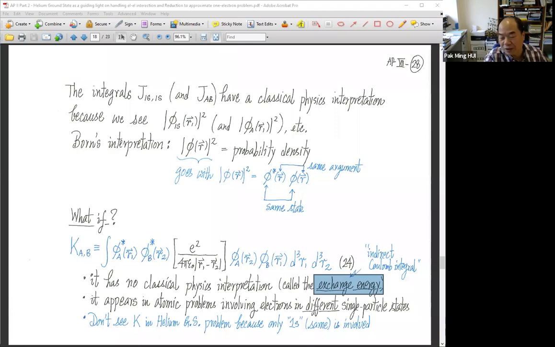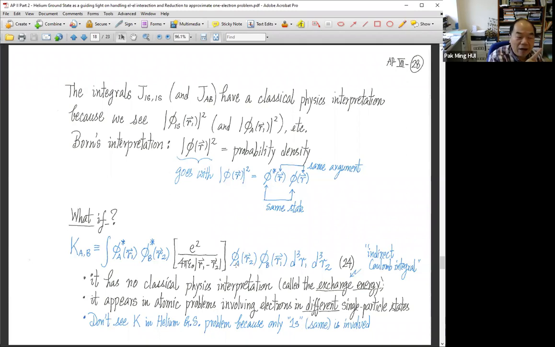After another person, okay? So we do not see this term in the helium ground state because in our mind, in the helium ground state, both electrons are in the same 1s state. Therefore, when A equals B, we are guaranteed to see this classical interpretation, okay?